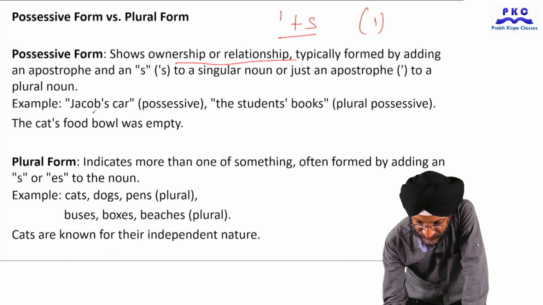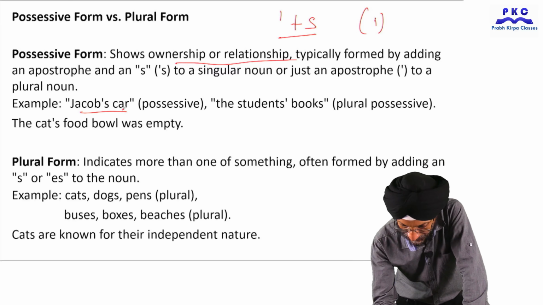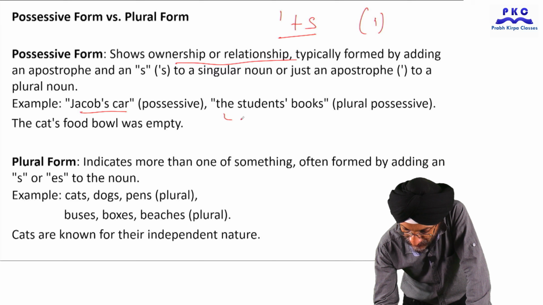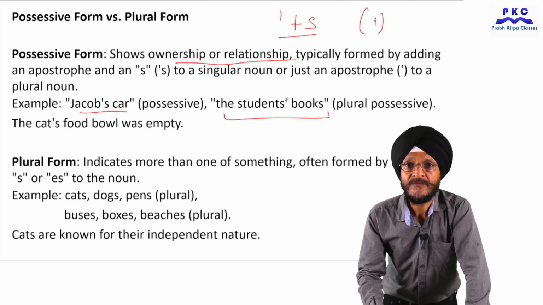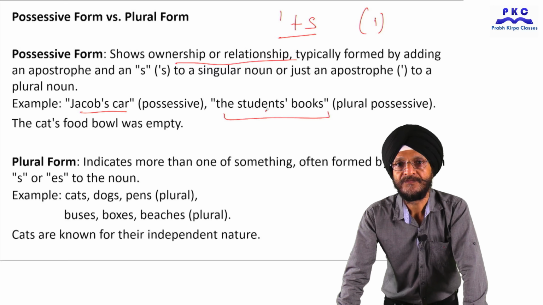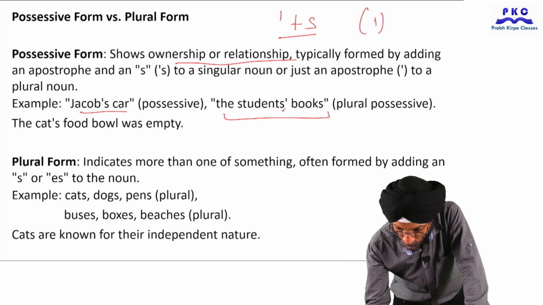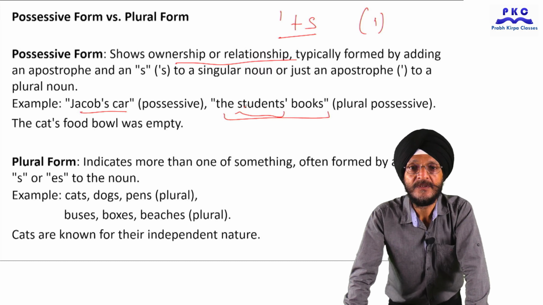For example, Jacob's car, that is, the car belongs to Jacob. Students' books, that is, the books belong to students. It is plural possessive. Students are more than one.